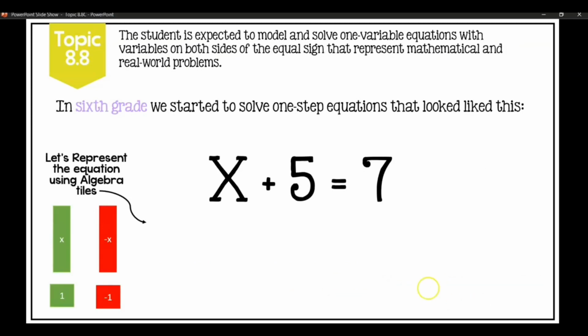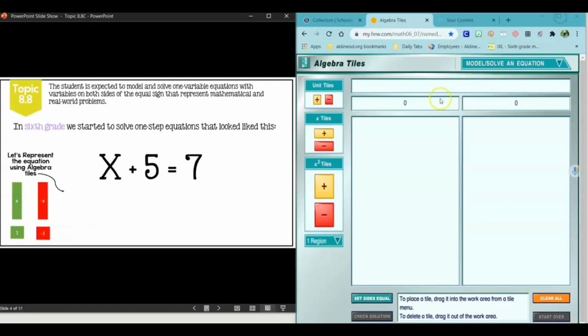We're going to use these algebra tiles. I have this little interactive algebra tile board here where we can drag and drop these tiles to help us solve. The first thing I want to focus on is the left side of the equation. I want to represent this side first. It has 1x and it's positive, so that's going to be yellow for this interactive board.